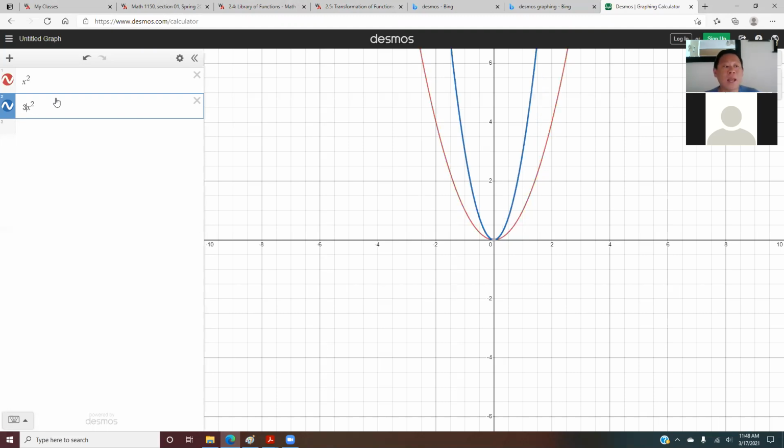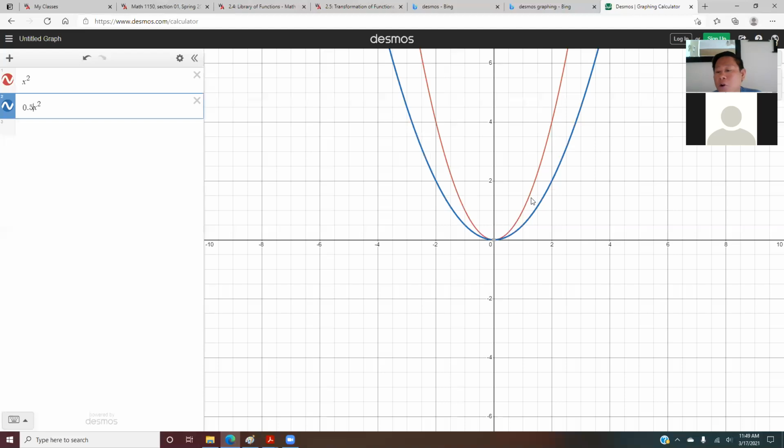And when you have a 3x squared, your y value has been tripled. That's the meaning of that 3, the number in front. And if you have a fraction like half, now your y value is not doubled or tripled, it's cut by half. So that's why your graph looks wider.